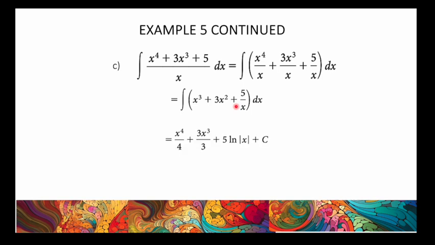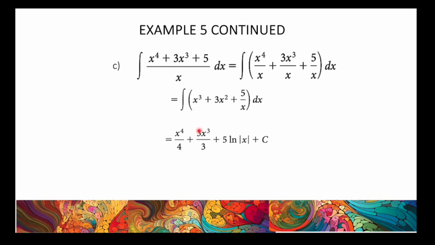Now, using the power rule, for the first two terms, we would find that the antiderivative is x to the fourth over 4, because we have to add 1 to the 3 and divide by that number, which is 4. For the next term, I'm going to add 1 to the 2, which gives me 3, and then divide by 3.